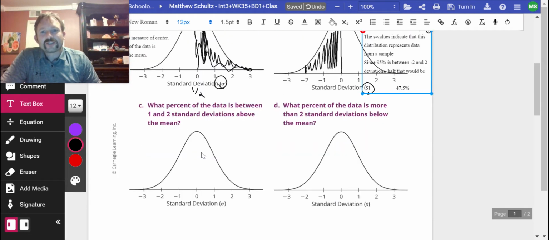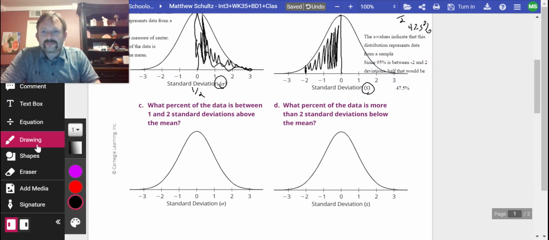What percent of the data is between 1 and 2 standard deviations above the mean? We have to figure out what would be 2 to 0. From 0 to 2, it's 47.5%.